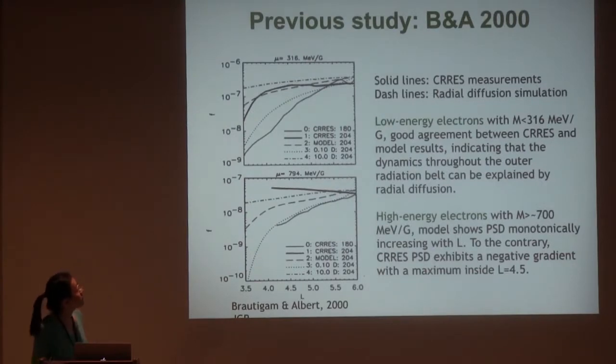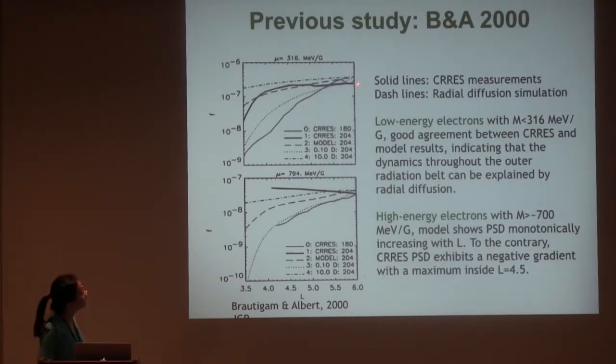This slide shows a previous study by Brautigam and Albert. They ran the radial diffusion model and compared it with the CRRES measurement. The top panel shows mu equals 300 MeV per Gauss, which is a relatively low mu value.